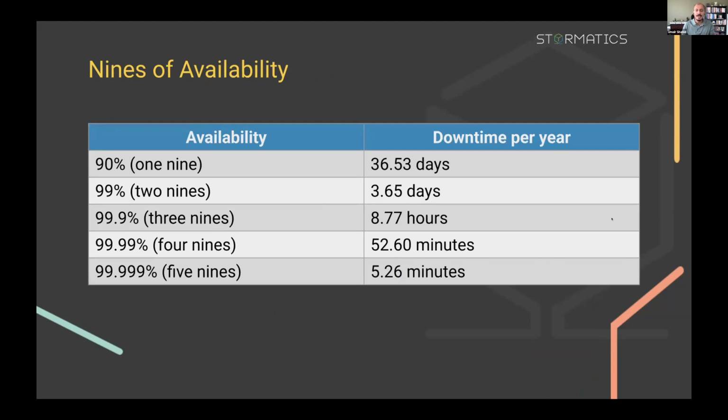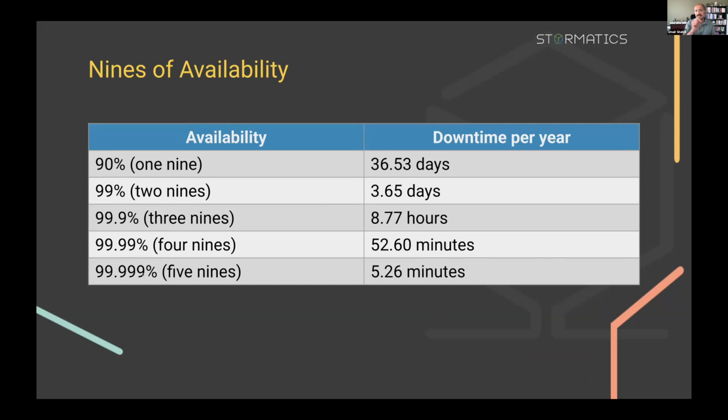If it is 90% available, that is 1 nine of availability. So because, well, you see 1 nine over here, it's 90% available. 2 nines is 99%, 3 nines is 99.9, all the way up to 5 nines, it's 99.999%.